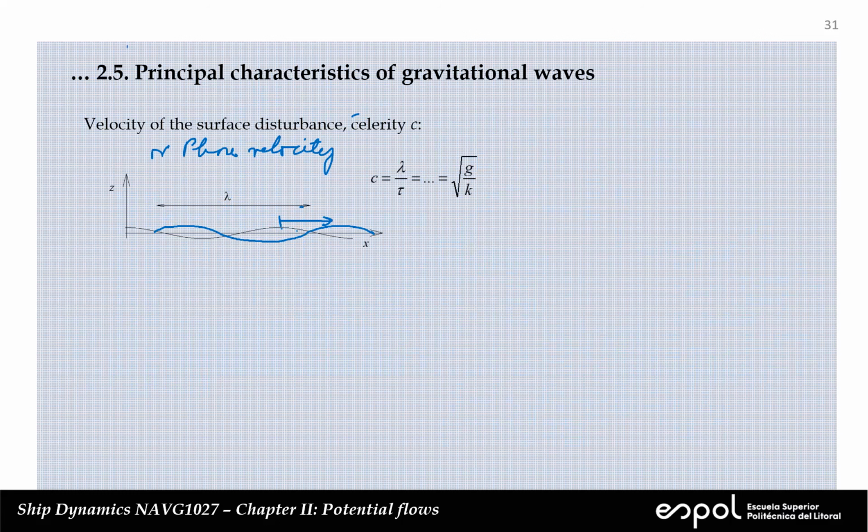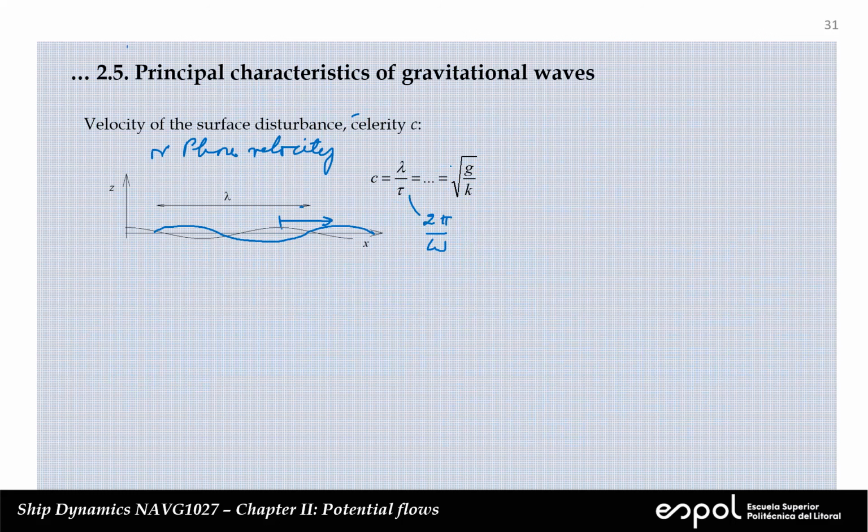So we can get a quotient between lambda, the length of the wave, and tau, which is the time to complete this cycle. Now, tau is equal to 2 pi over omega. And then you will see that you have 2 pi over lambda, which is equal to k. And eventually, you will be able to demonstrate that this is equal to this.